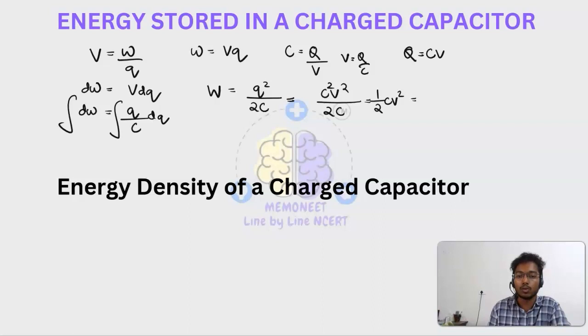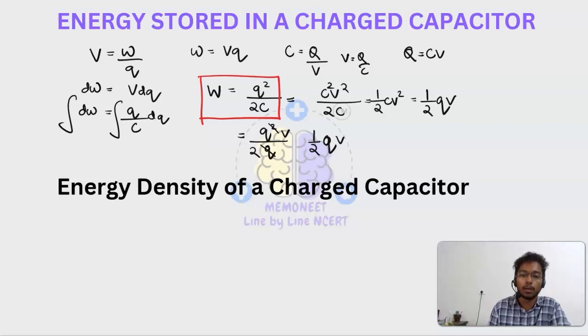We know that C is equal to q upon V, so it is q square upon 2 q upon V. This will cancel, so we can write half q into V. So these are the three formulas for the work done: W equals Q square upon 2C, half CV square, and half QV. This we have to remember.